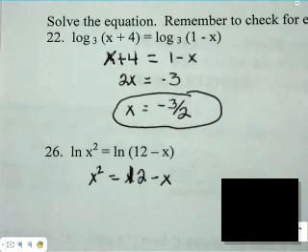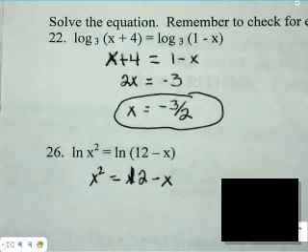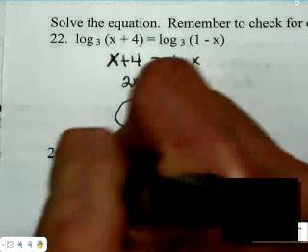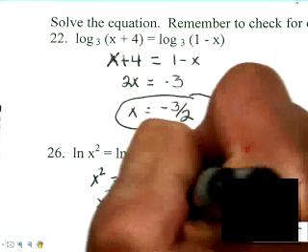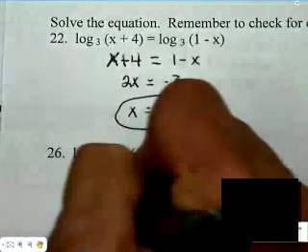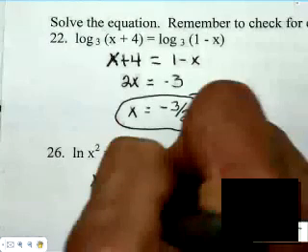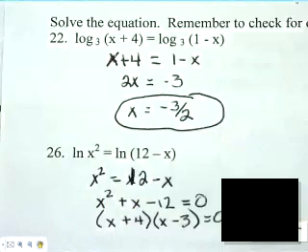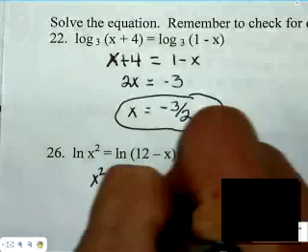But before that, I have to. All right. x squared plus x minus 12 equals 0. x plus 4 times x minus 3 equals 0. x equals negative 4 or positive 3.